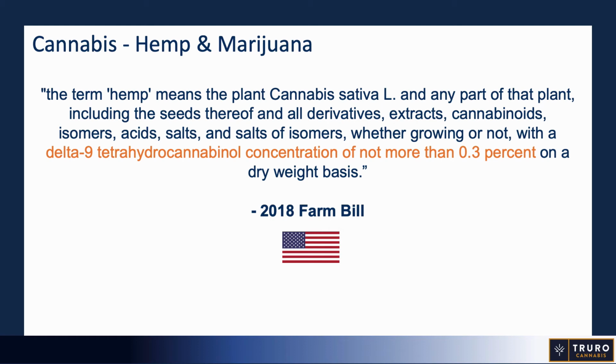Thus, marijuana is federally prohibited. It is not prohibited at the state level, however, and is available in most US states for medical and sometimes recreational use by adults. Hemp is no longer confused as being a controlled substance since the passage of the 2018 Farm Bill in the US.